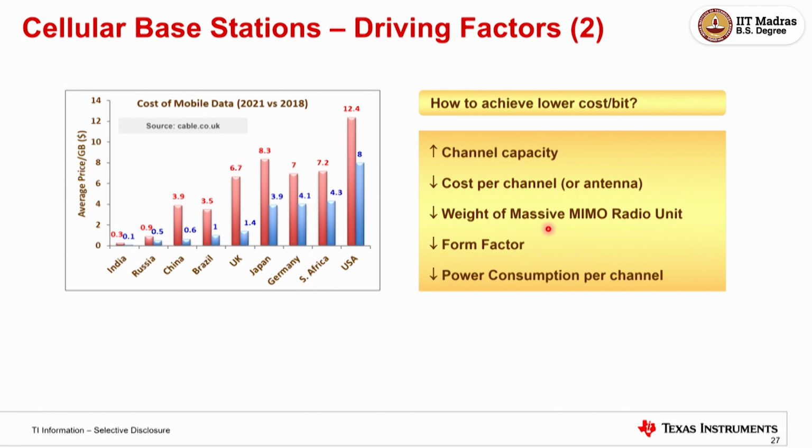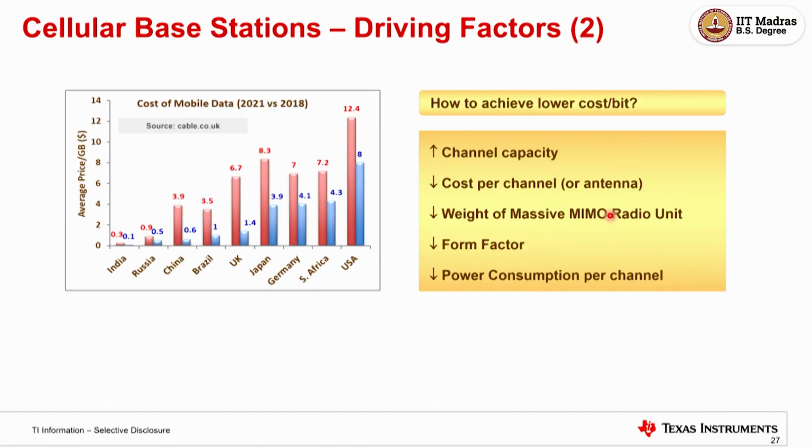Compared to all other countries, India is the lowest, and China is probably third. So what they want to do is not increase hardware; within the same hardware, they want to cover more users without increasing cost. So obviously there is a push to increase the number of users, which is channel capacity, but you have to reduce the cost per user, because nobody is willing to pay extra for the 10 Gbps that you want to give.